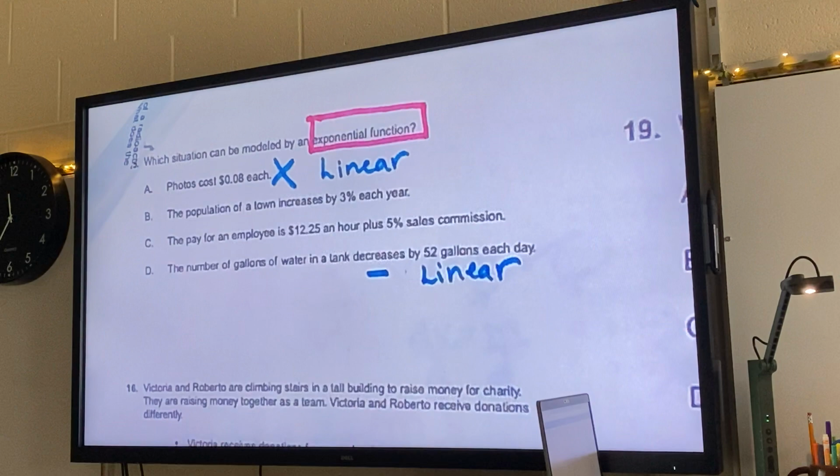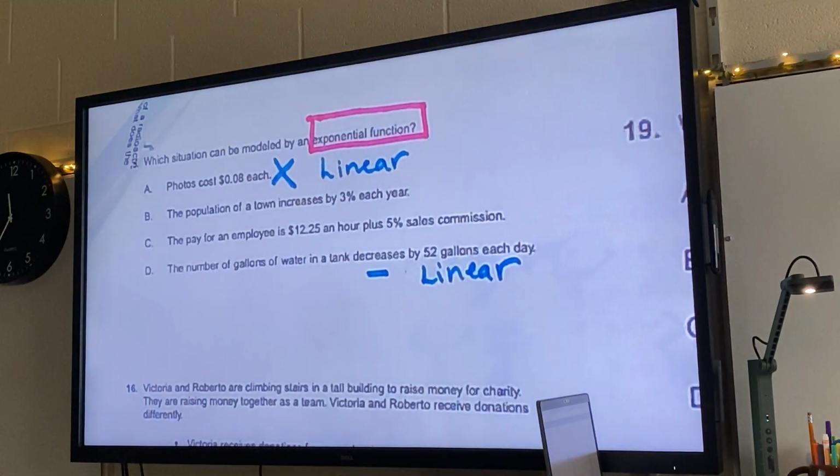All right, we're down to population increasing 3% or pay being $12.25 an hour plus 5% sales commission. So do you think it would be B or C? B. Y'all, almost always, population growth is exponential.